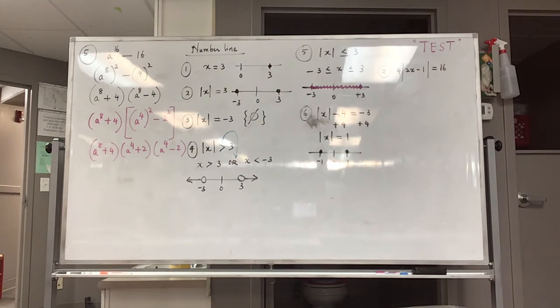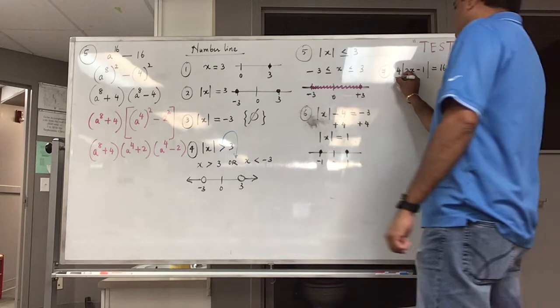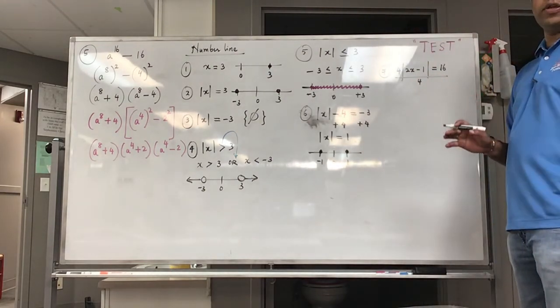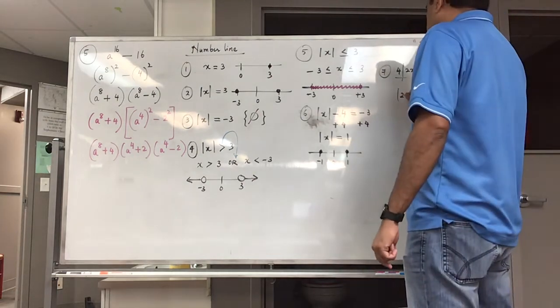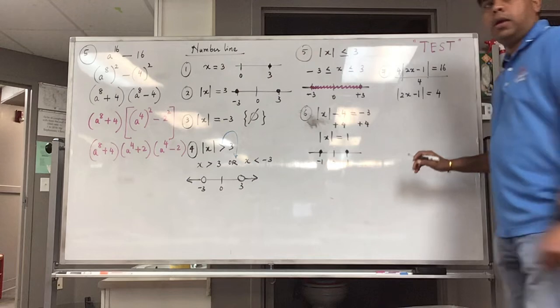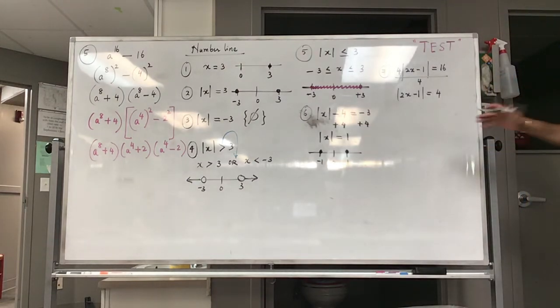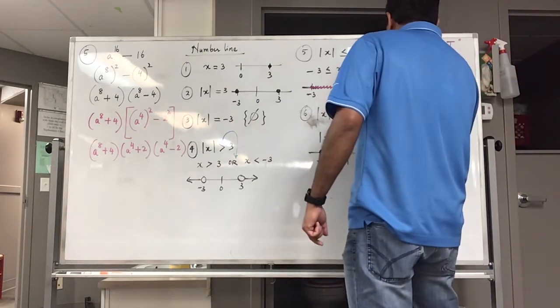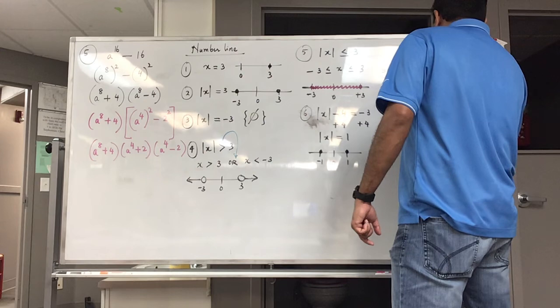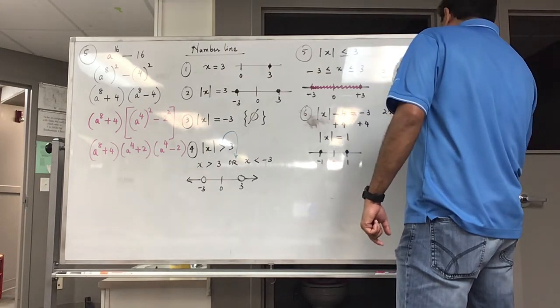No. Stop doing that, that's what high schools teach. Never do that. The best is to divide by 4. Anything outside of the absolute, deal with it first. So the absolute of 2x minus 1 is equal to 4. You don't have to deal with anything else. Now you have 2x minus 1 is equal to 4, or 2x minus 1 is equal to -4.